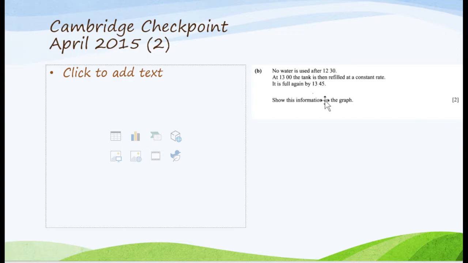So from 12:30 until 13, the water tank actually only has 500 liters. It doesn't change. But after 13, the amount of water changes. Why? Because the tank is then refilled at a constant rate. Until when? Until it is full again by 13:45.